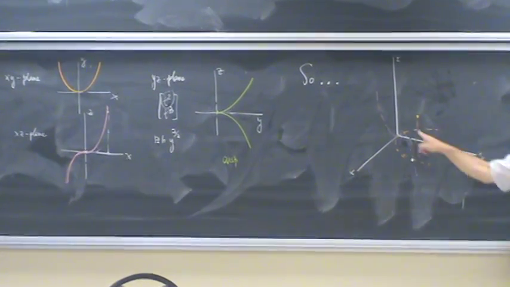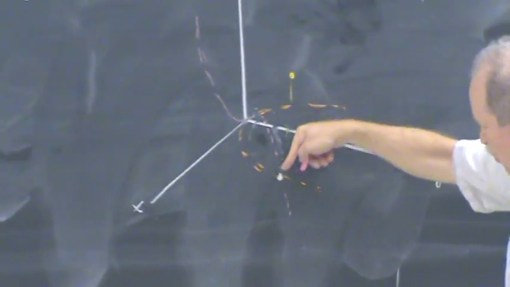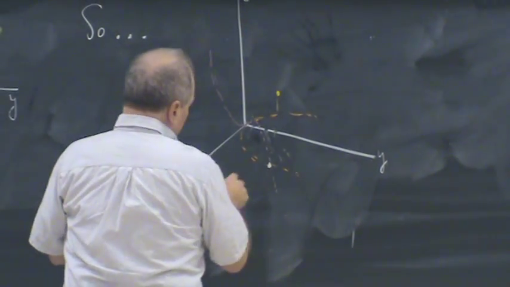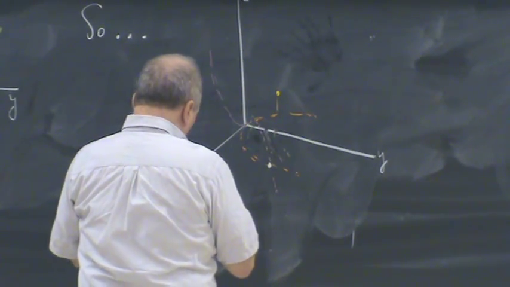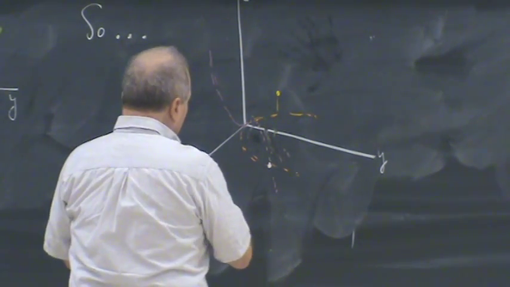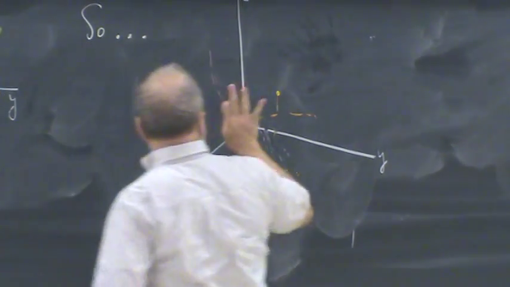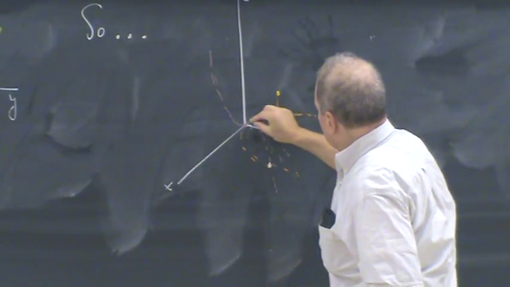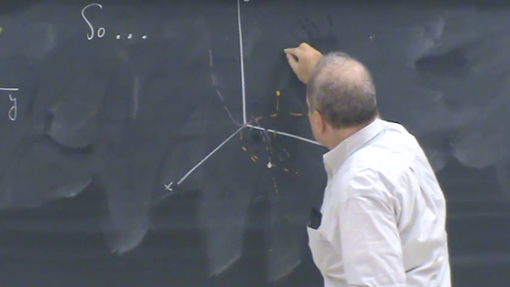For negative x's, as you go into the board, z is going down. So roughly what's going to happen here, and then if you project it this way, you're going to see that cuspal curve. You're going to see that curve that goes like this.